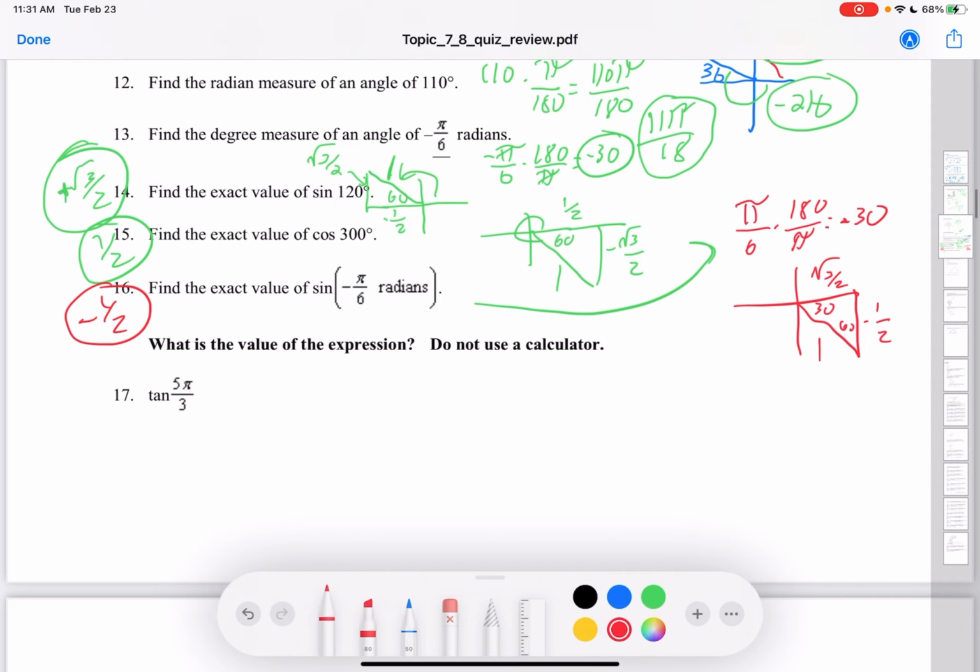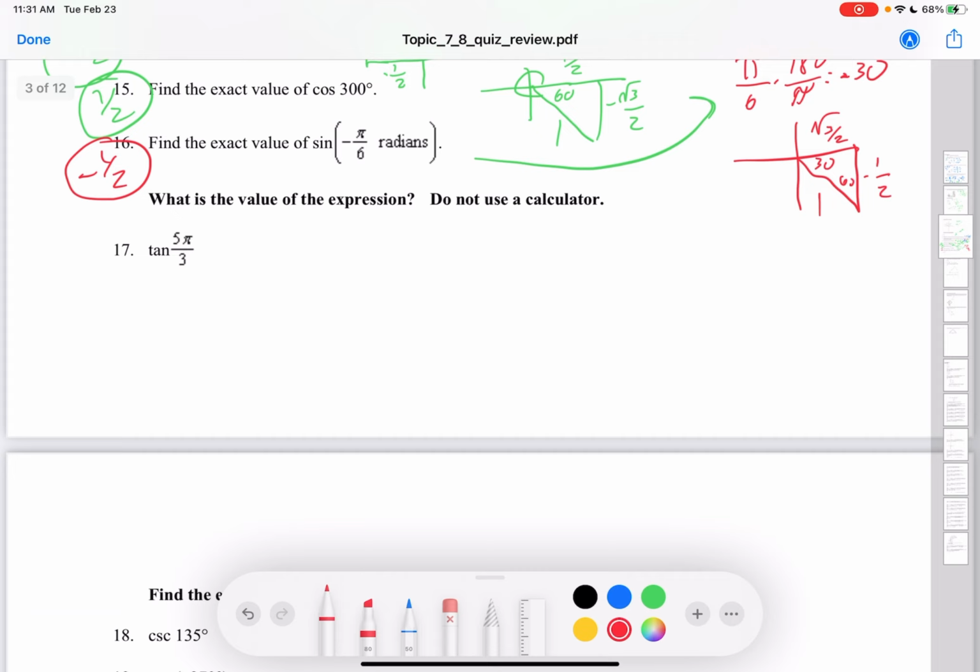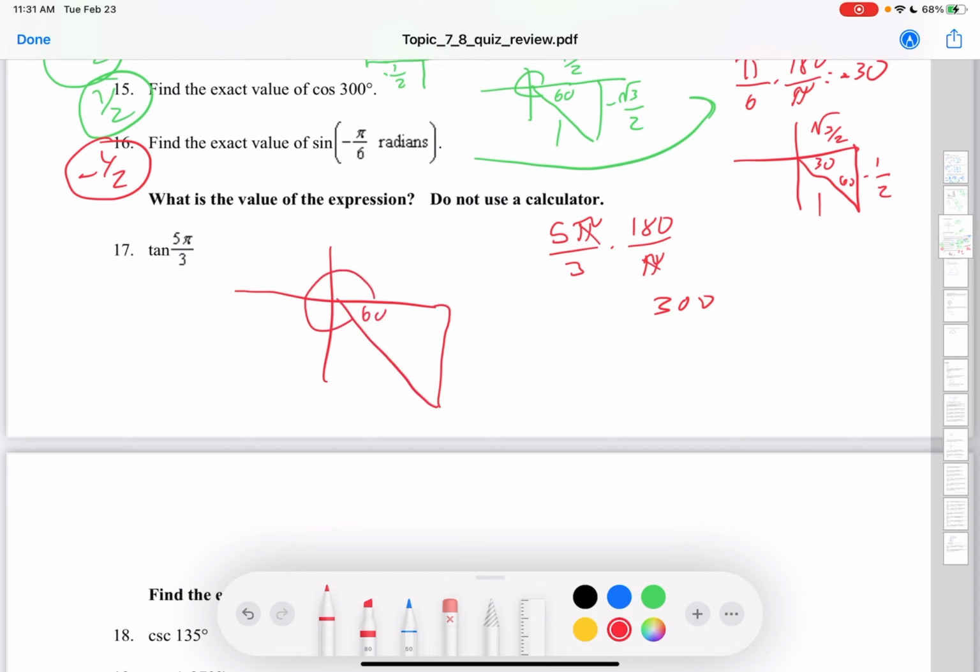Number 17, what is the value of that expression? Again, the exact value. Do not use your calculator. So 5 pi over 3. We need to change that to degrees so we know where to put it. So this is 300. Again, we're stuck on 60s here.